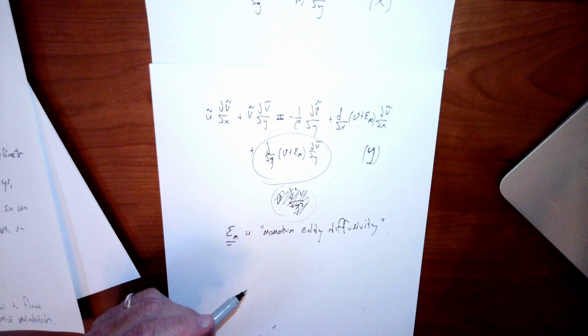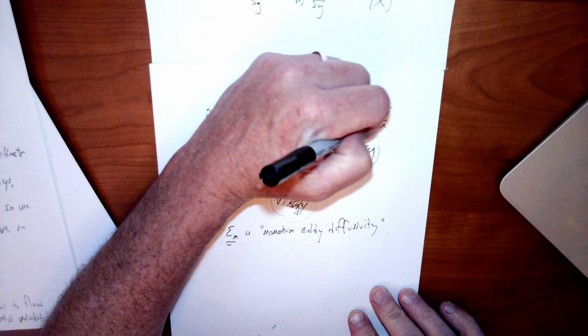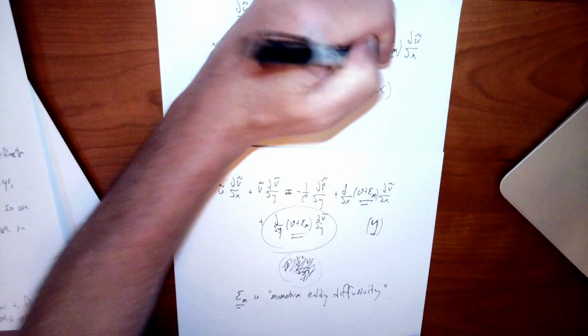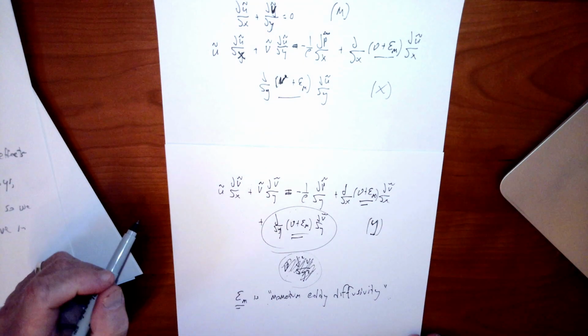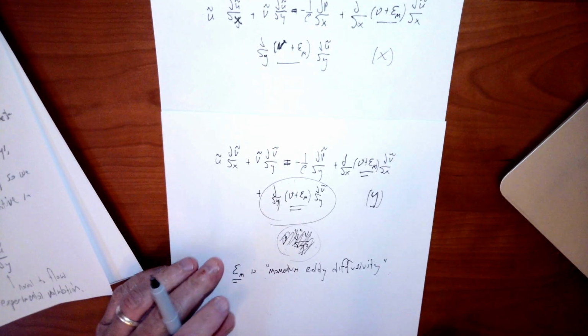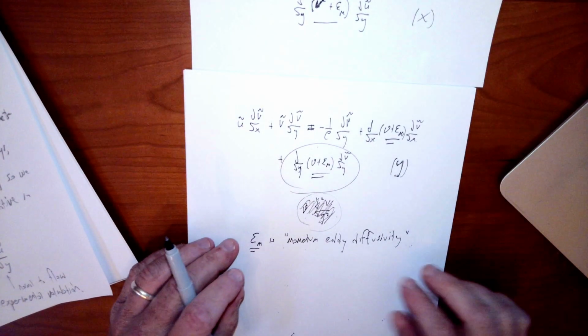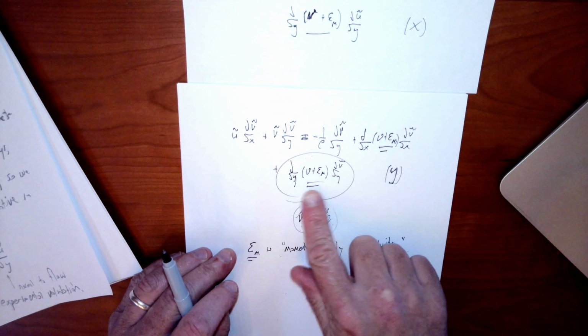What epsilon m functionally does, of course, is it increases viscosity. So wherever you see this viscosity term here and here and here and here, everywhere there's a viscosity, epsilon m is actually increasing that viscosity. So as we've said before, turbulence increases friction. And so we're seeing that very directly in this way of modeling these equations.